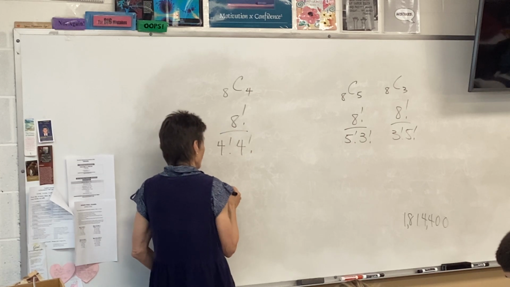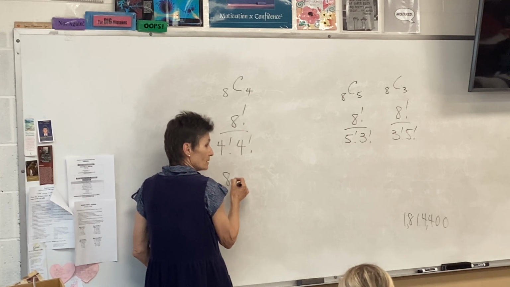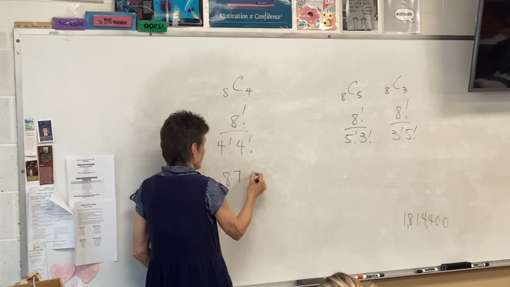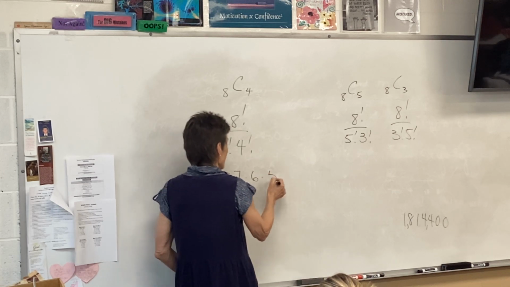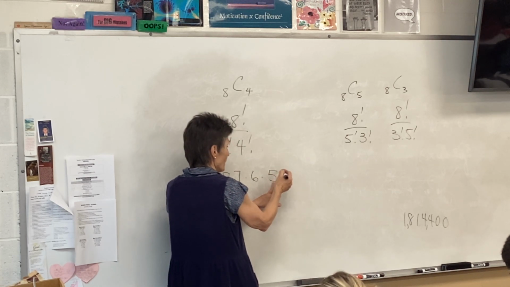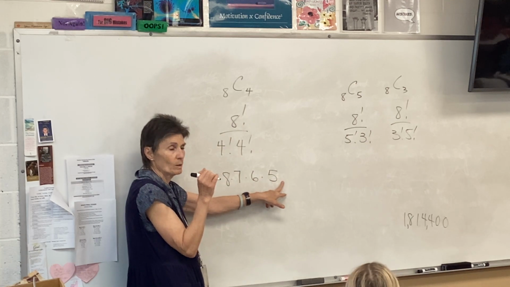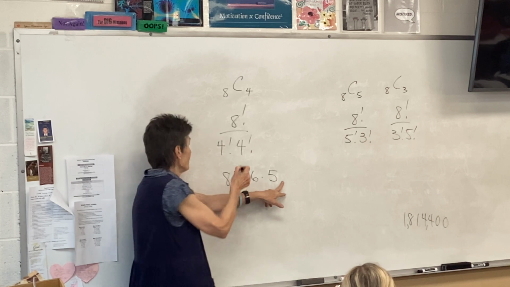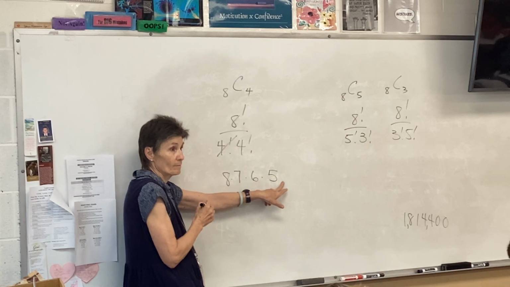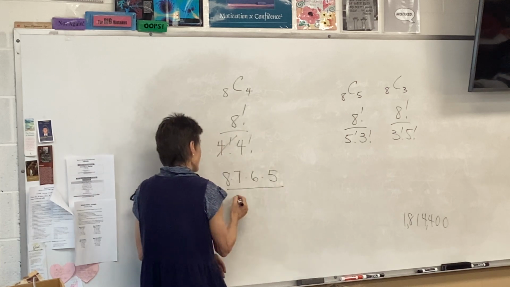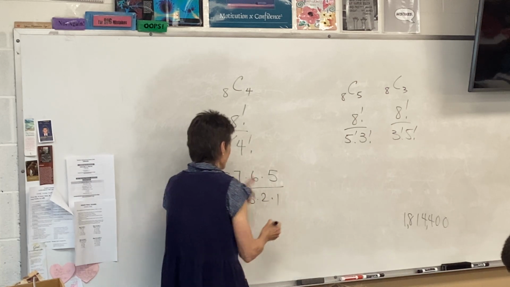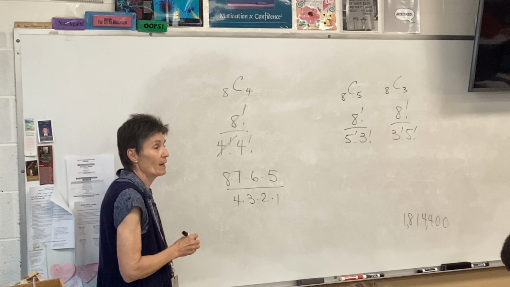So 8 factorial is 8 times 7 times 6 times 5. And then I can stop there because after the 5 will be 4, 3, 2, 1. That will cancel with one of those. And then I still have 4, 3, 2, 1, another 4 factorial on the bottom.